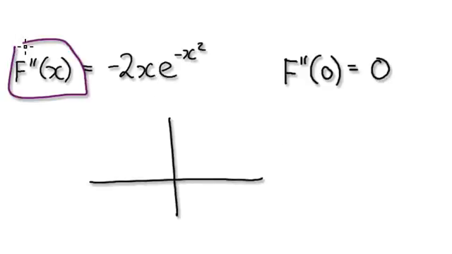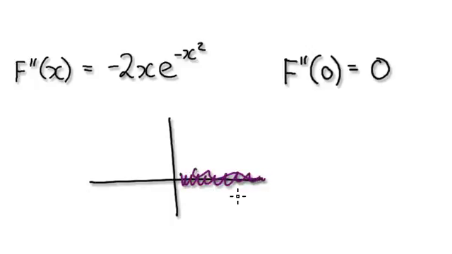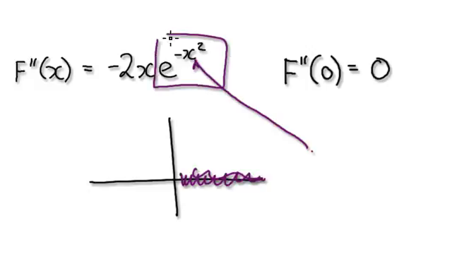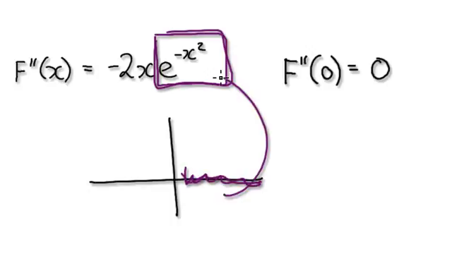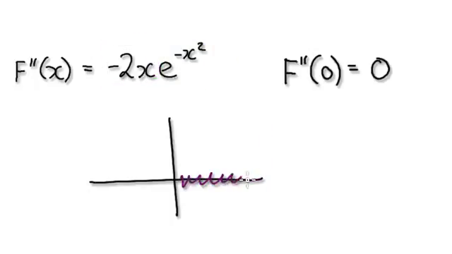Looking at f double prime, if you look at when x is positive, if you put a positive number into here, this whole block here will be positive. But then this thing here will be a negative. So when you're in the positive region, f double prime will be a negative.